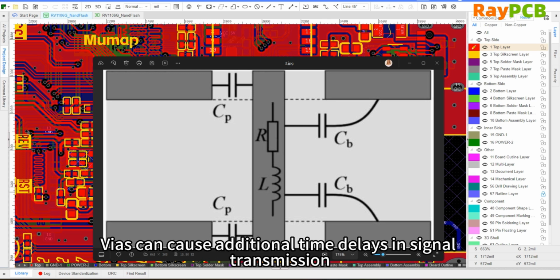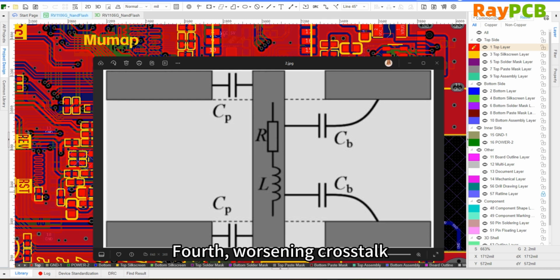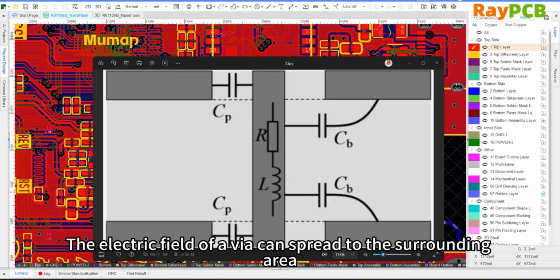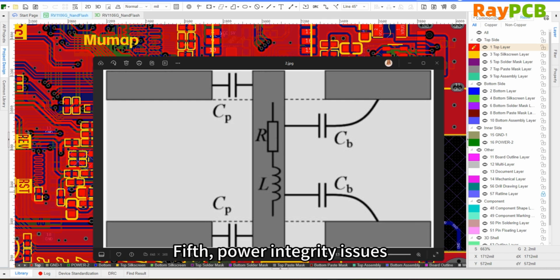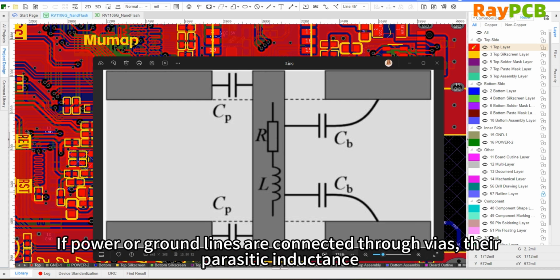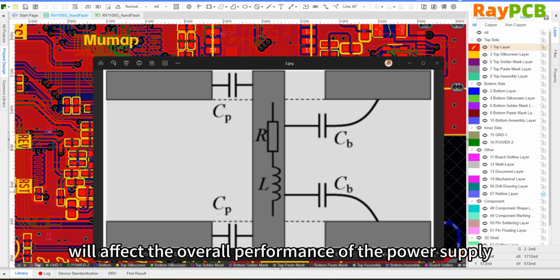Third, increased delay. Vias cause additional transmission time delay for signals. Fourth, worsened crosstalk. The electric field of the via can spread to surrounding areas, increasing crosstalk with adjacent signal lines. Fifth, power integrity issues. If the power or ground lines are connected through vias, their parasitic inductance can affect the overall performance of the power supply.